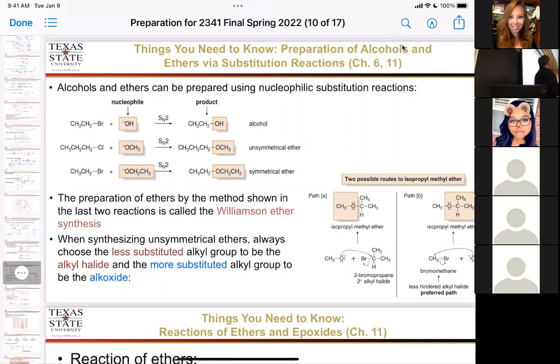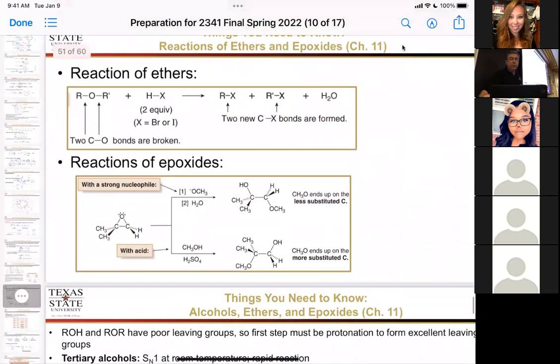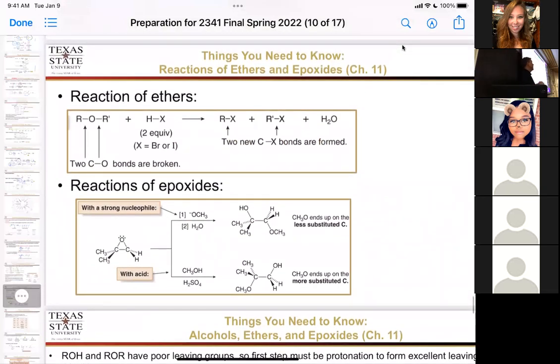Okay, now it works best when you have your alkoxide attacking a primary alkyl halide because of sterics. So if you had to choose between 2 different routes, you want to choose your primary alkyl halide. Okay, all right. And then ethers don't do much unless they're the epoxides, okay?